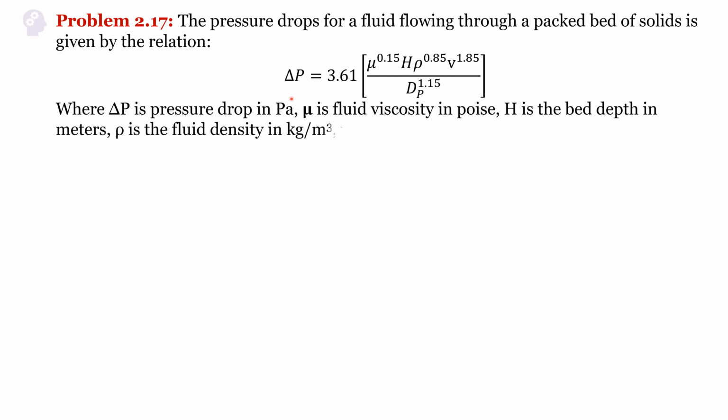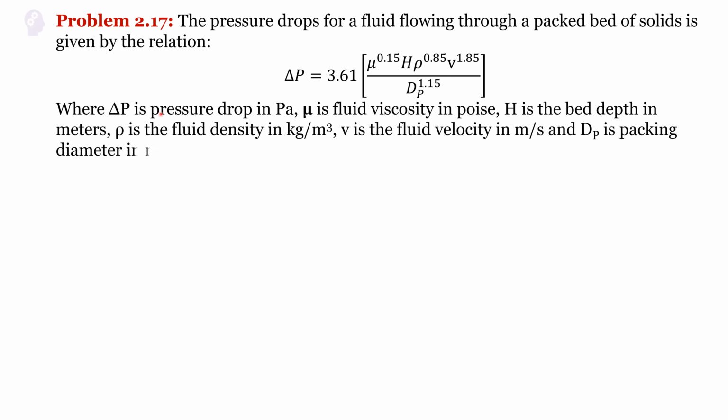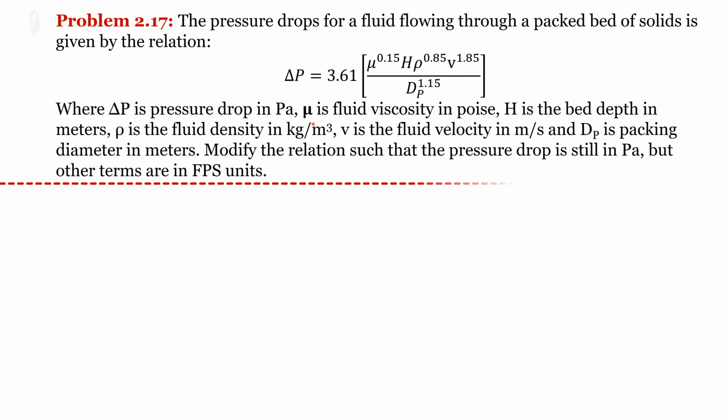So a relationship for the pressure drop is given, and the pressure drop is expressed in Pascal, and mu is the fluid viscosity, which is given in poise, and h is the bed depth, given in meter, and rho is the fluid density, given in kg per meter cube, and v is the fluid velocity, in meter per second, and dp is the packing diameter, which is given in meter.